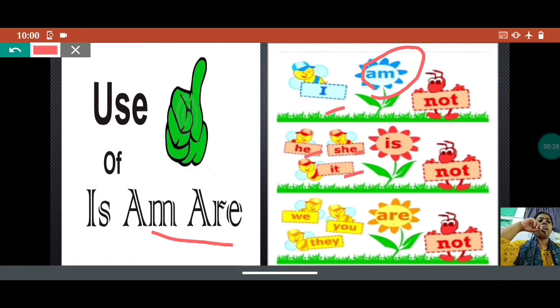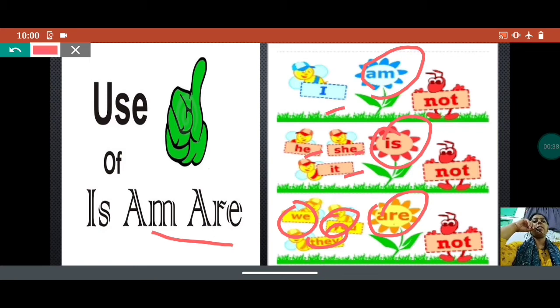He, she and it are always used with is, and we, you and they are always used with are. So these three things you have to remember: I always uses am; he, she, it always use is; we, you and they use are. Okay?